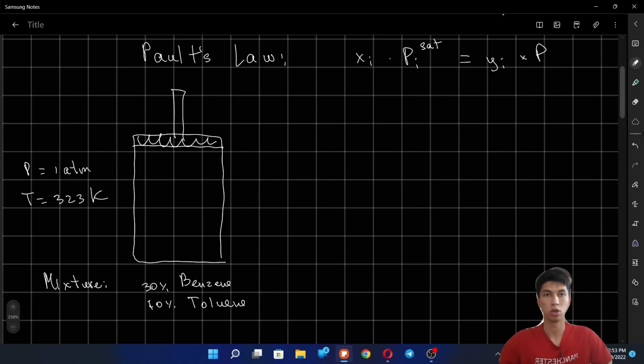We're going to use this piston idea to find the bubble and dew temperature and pressures. In order to have the bubble occur, we should move the piston up, and it might result in a change in temperature, right?